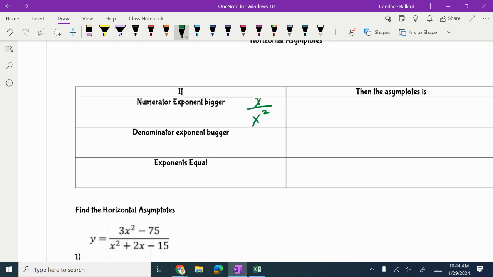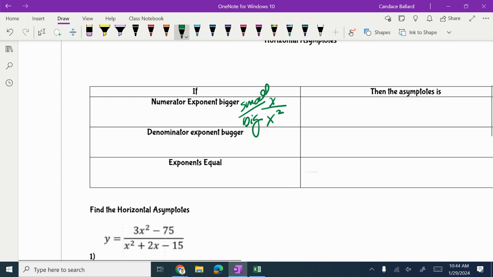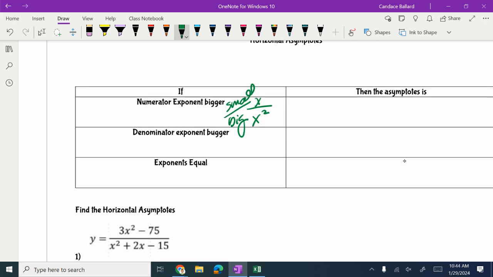The denominator would get bigger faster. So I would have something small over something big. When I divide that out, what value am I going to get? It's going to be a decimal.